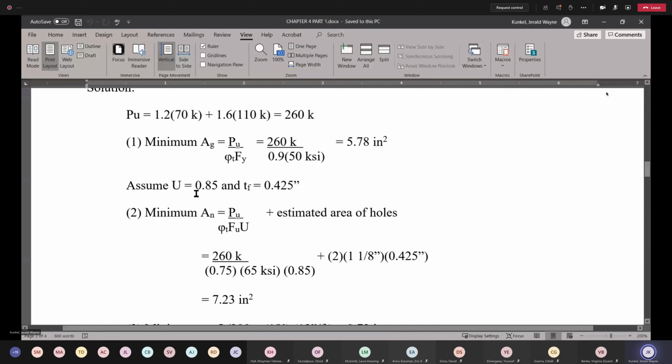Now we're going to assume a U value of 0.85. Go back to table D3.1 and you'll find that the U value for wide flanges, if they are attached with three bolts in a row, that the U factor is 0.85.